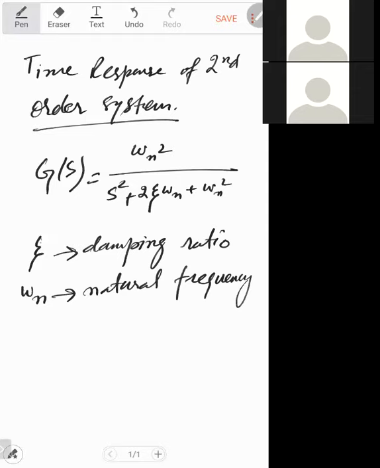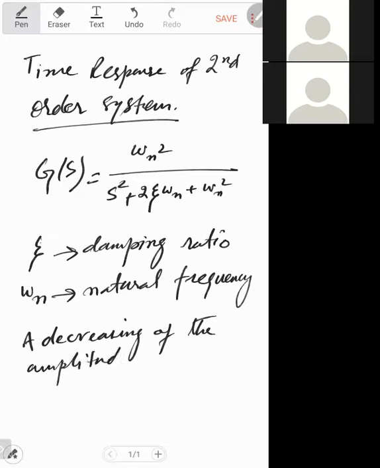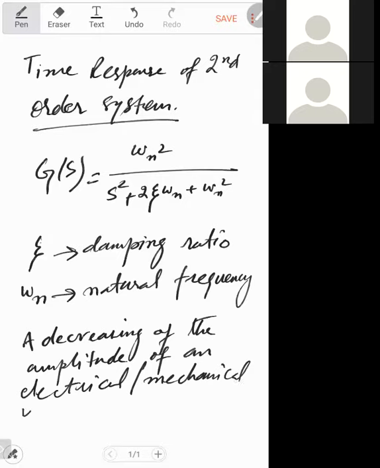Damping means the decreasing of the amplitude of an electrical or mechanical wave.